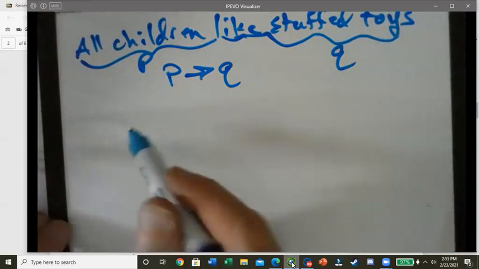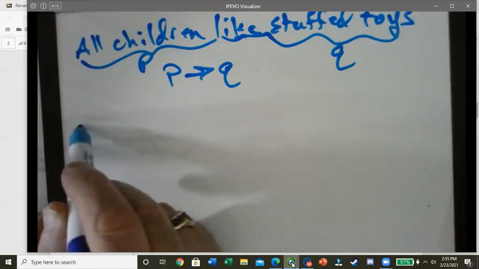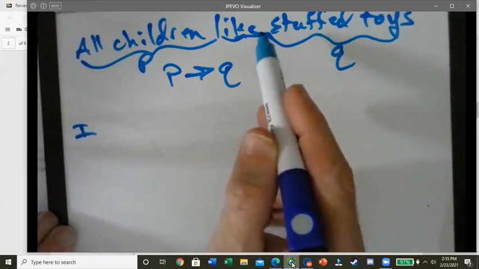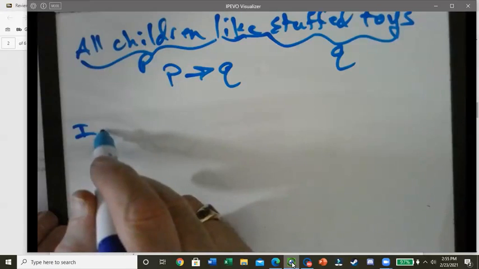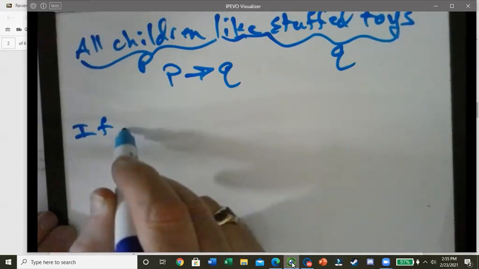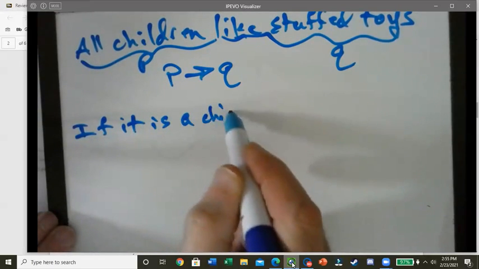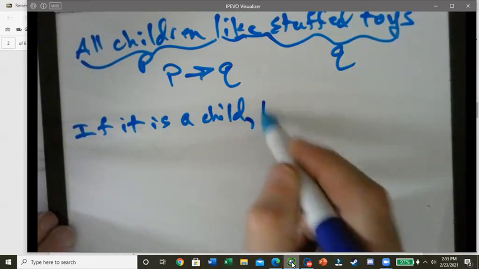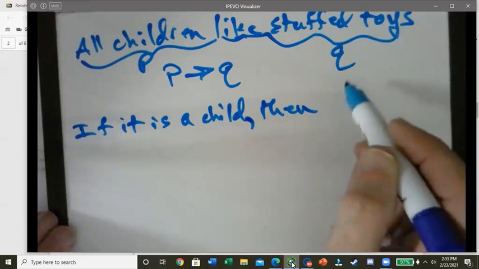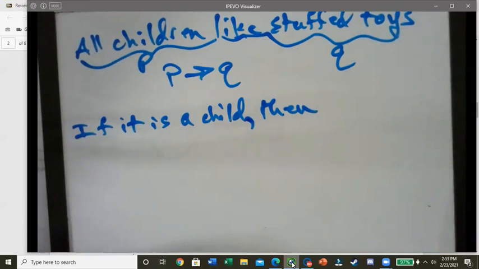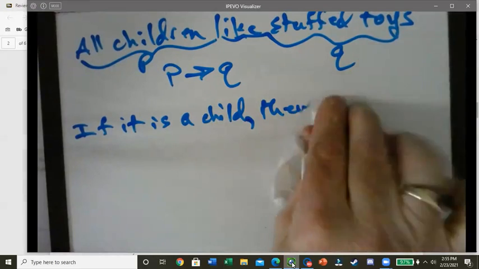So we would rewrite this as an if-then statement as: if it is a child, then, or if they are children would be another way to write it.